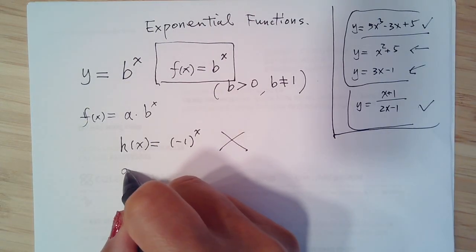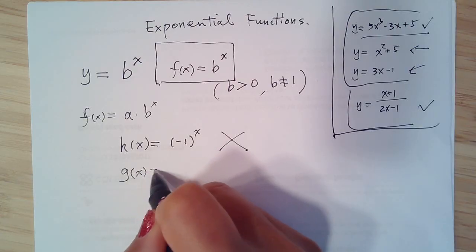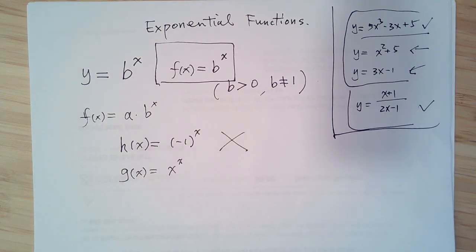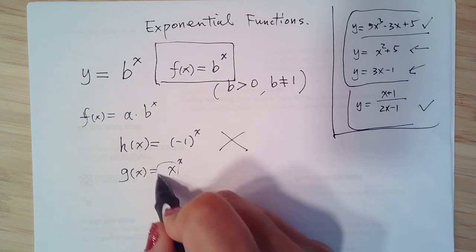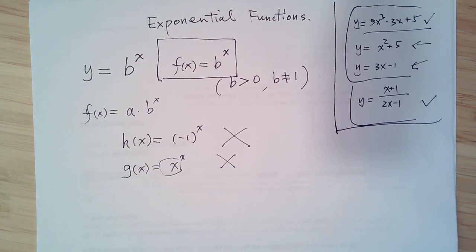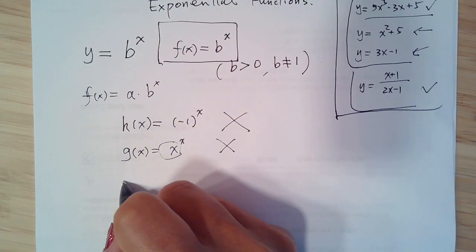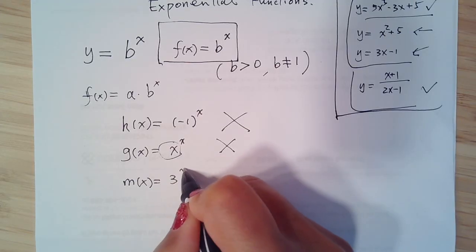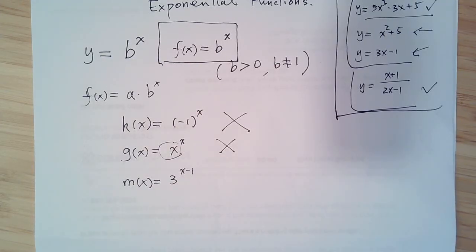Next one, g of x is x to the x power. Is this an exponential function? Nope. The base has to be a number, not a variable, so this is not. And the next one, m of x equals 3 to the x minus 1 power.